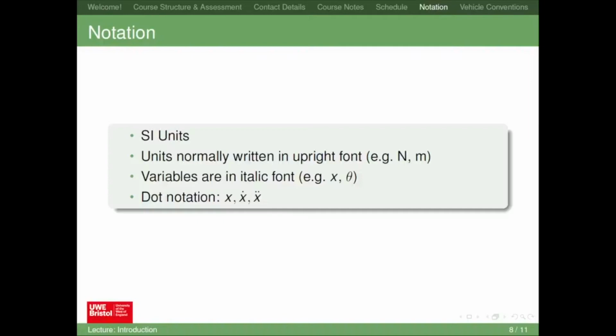We could be looking at an angle, which could be called r or something, and then r dot will be your rate. So it's basically a shorthand way of writing d by dt, for something that's changing with respect to time. So x double dot, x dot, those sorts of things, that's what we're going to be using.